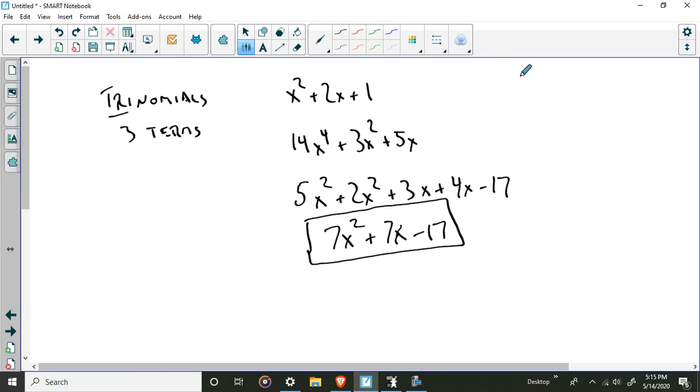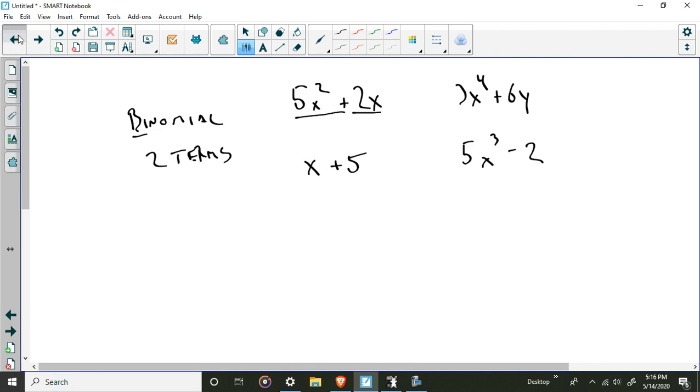It could also be something like 5x plus 3xy plus 2y, right? I don't have anything here I can combine, so there's 1, 2, 3 different terms. It is a trinomial, okay? So we got to simplify it, but sometimes you can't simplify things, even if their exponents are all 1.